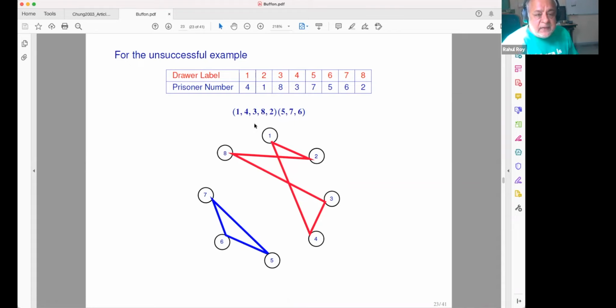And this is exactly the reason why when prisoner number 1 went and got 4 and then 3 and then 8 and then 2, so 1 to 4, 4 to 3, 3 to 8, he has opened 4 drawers and has not found his number.